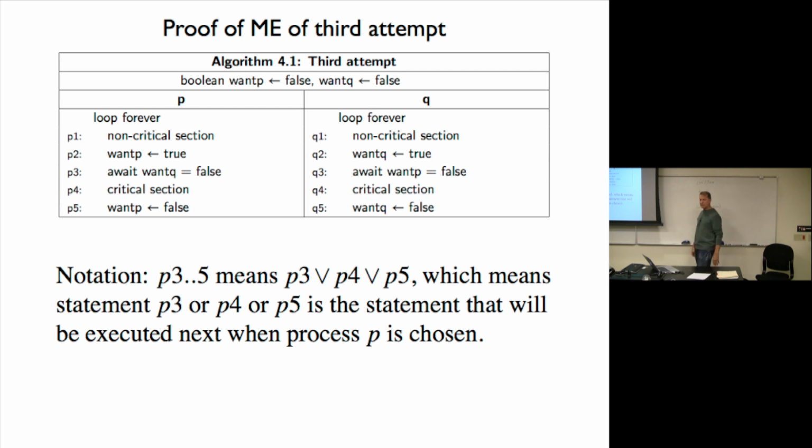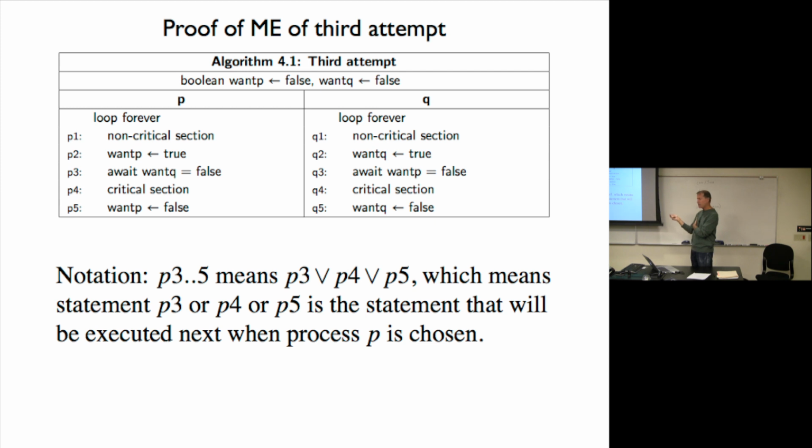Now, the first thing we have to do is learn some notation. In this chapter, we use the notation P3.5. When we say P3.5, that means P3 or P4 or P5.